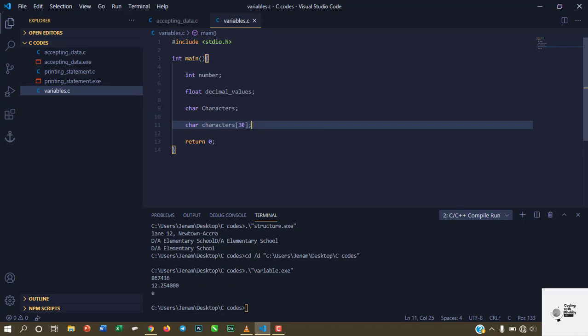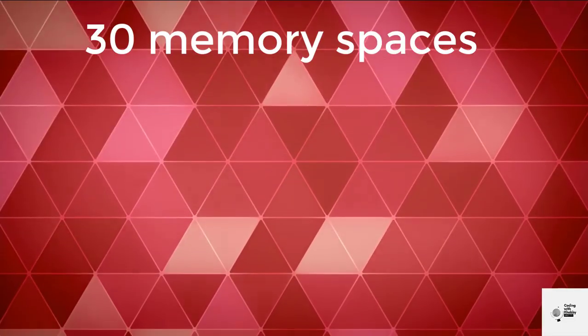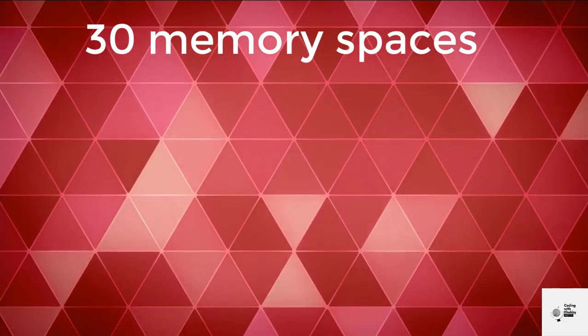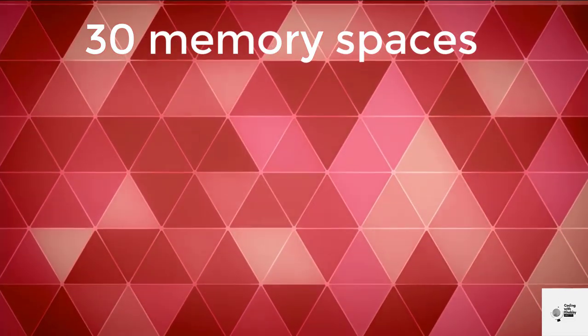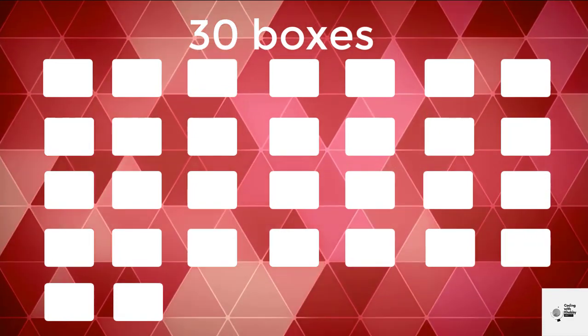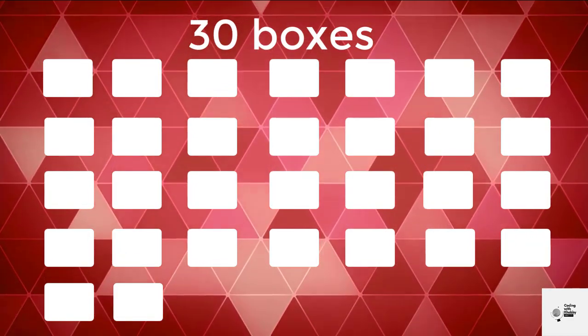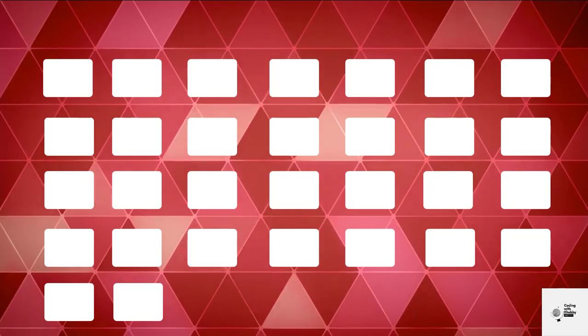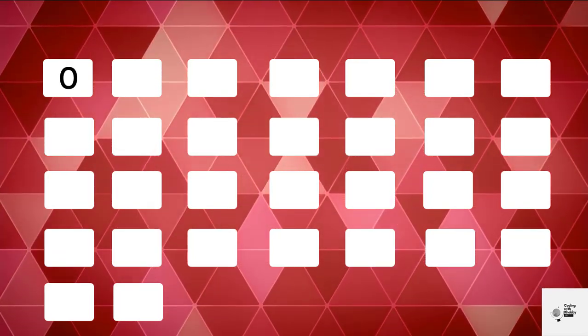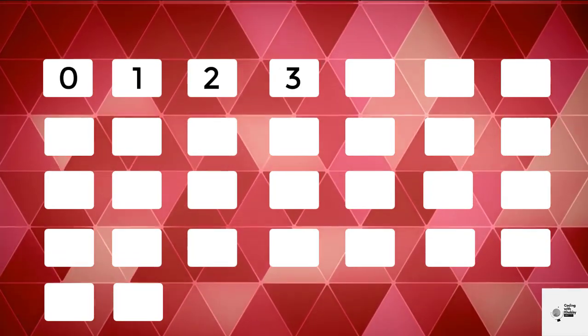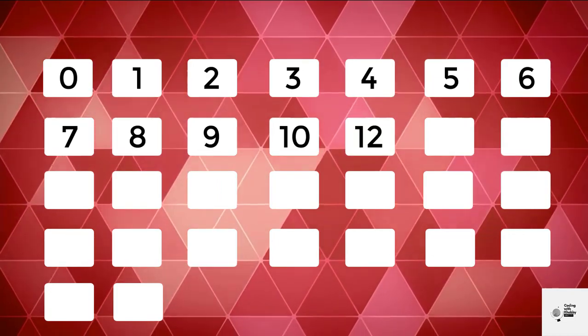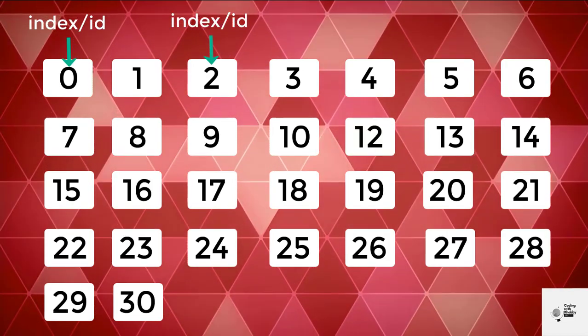So this character array has 30 memory spaces, more or less like having 30 boxes arranged in a series, and they are all indexed with an ID. Since there are 30, the numbers 0, 1, 2, 3 and so on are their IDs.